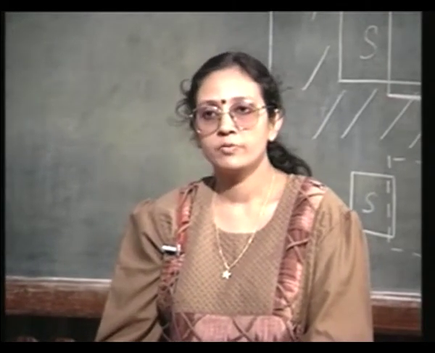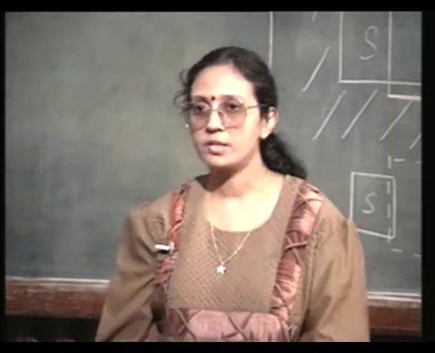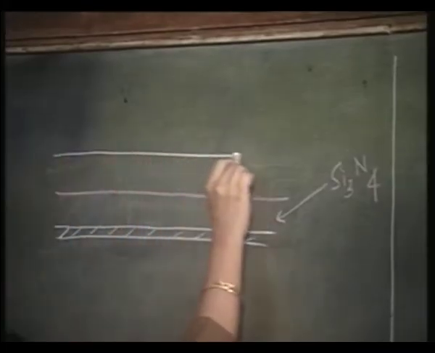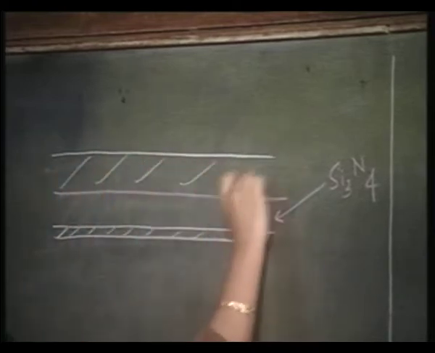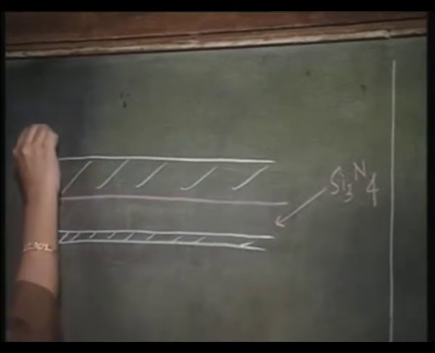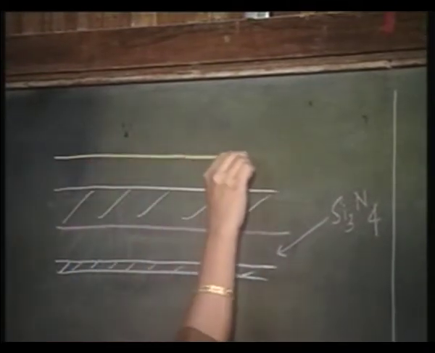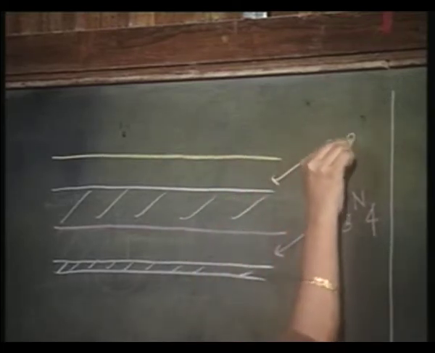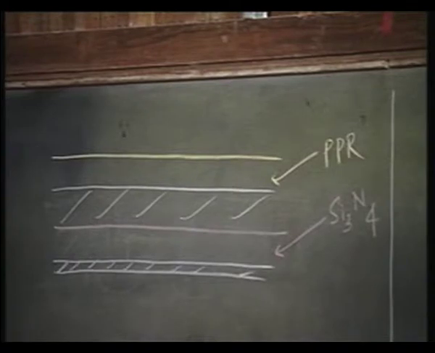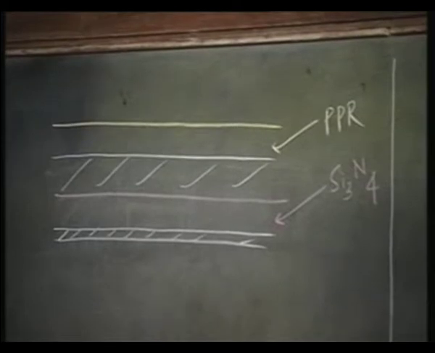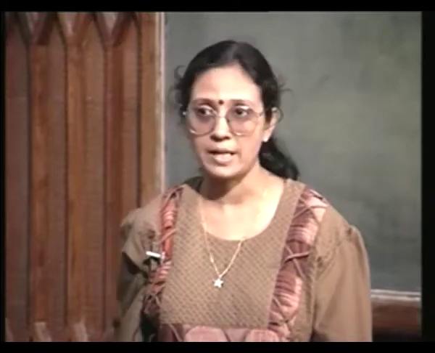Now, on top of this you deposit another layer of silicon dioxide. So, let us have another layer of silicon dioxide and then let us have positive photoresist. So, you have a composite layer, positive photoresist on top, underneath that CVD silicon dioxide, underneath that silicon nitride, and then finally a thin pad oxide.